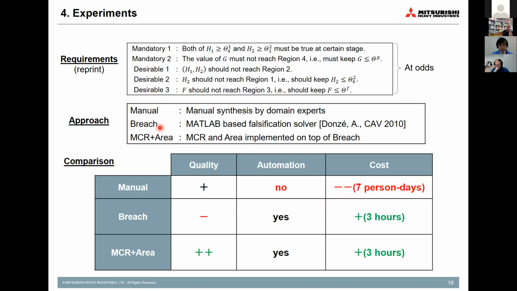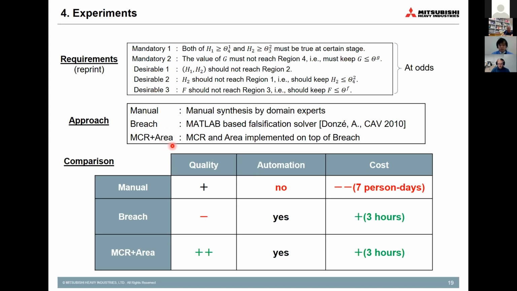Next baseline is Breach. In this approach, we used Breach, a well-known MATLAB-based falsification solver. We gave Breach the conjunctive specification. As a result, Breach couldn't satisfy a mandatory requirement after 3 hours of iteration. So it didn't meet practical demand. MCR plus area is our approach.